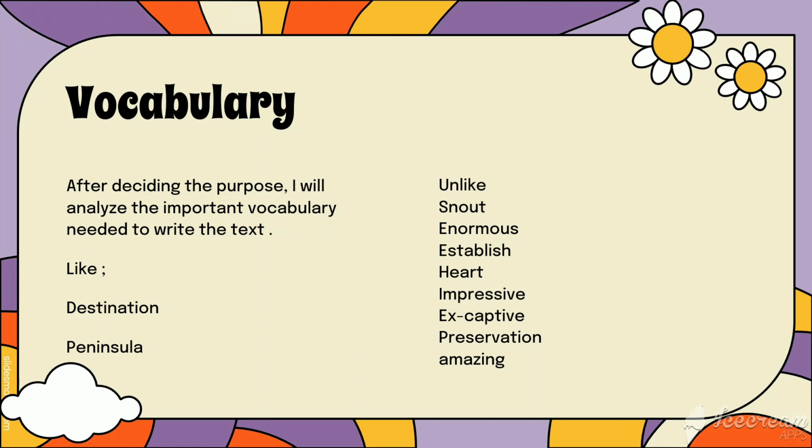After deciding the purpose, I will analyze the important vocabulary needed to write the text, like destination, peninsula, unlike, smooth, enormous, established, hard, impressive, exceptional, preservation, amazing. Here are the examples of vocabulary needed in writing the text related to the object. Yeah, the specific object is Tanjung Puting National Park. It is only the example.